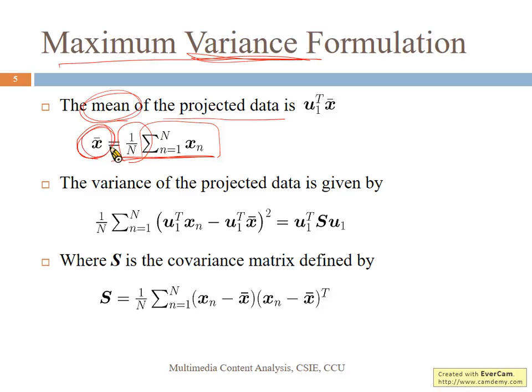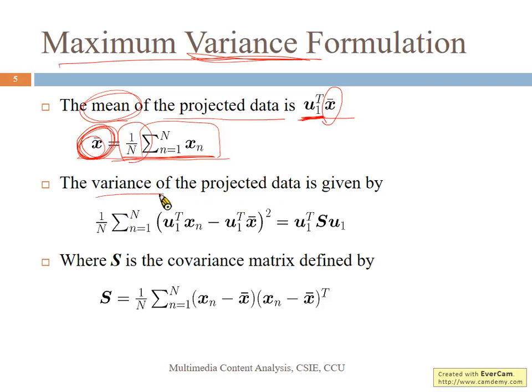So we get the high dimensional mean data vector. And then we project this mean data vector onto the low dimensional space. So this is the mean of the projected data. Because these are all linear transformations, we can calculate the mean first and then do the projection, which is equal to projecting all data and taking the mean. That is totally the same.